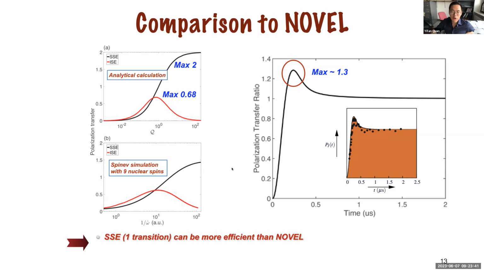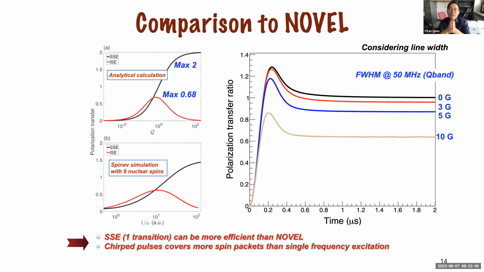And another very important thing is, when you apply a chirped pulse, you're not irradiating at a single frequency. You are covering all the spin packets. Whereas for all the other typical single frequency irradiation pulse techniques, for example NOVEL, you are only using a fraction of your electron spins. So we did a couple of calculations for different EPR line widths.